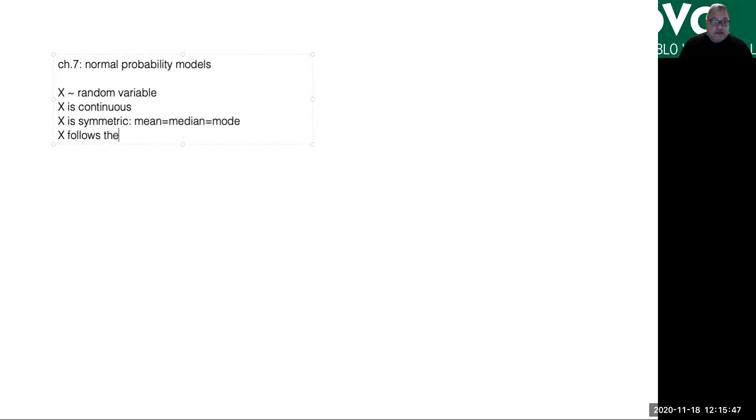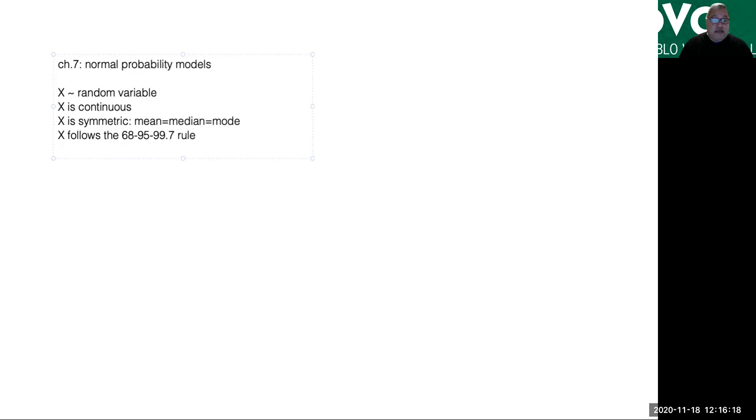X follows the 68, 95, 99.7 rule. This rule tells you that 99.7% of all values are contained within 3 standard deviations of the mean, 95% within 2 deviations from the mean, and 68% within 1 deviation from the mean.